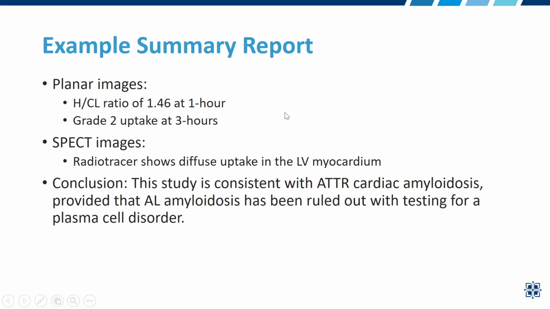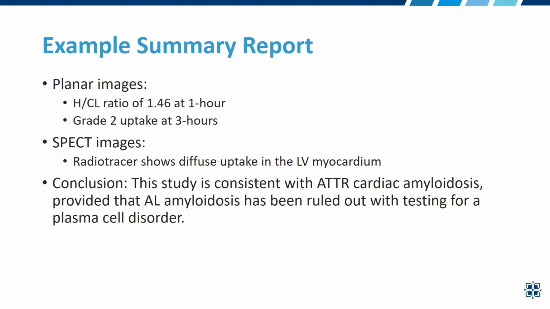Here's an example of what the guidelines would like us to put in a summary report. On the planar images, the ratio, and you put the number of hours after the radiotracer was injected. So for example, here, this patient got imaging at both 1 and 3 hours.